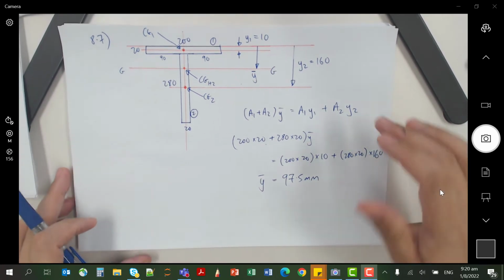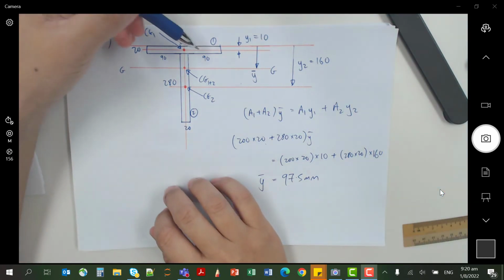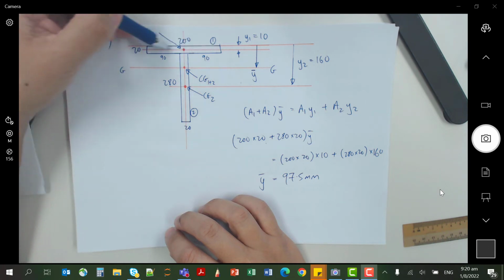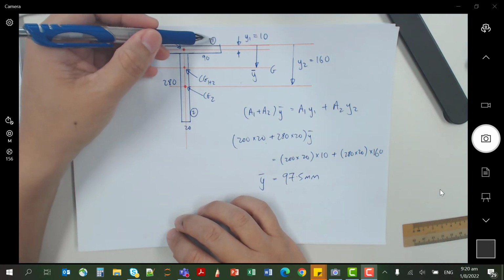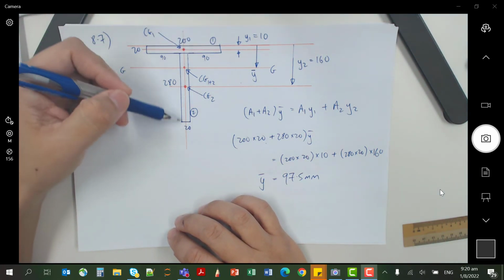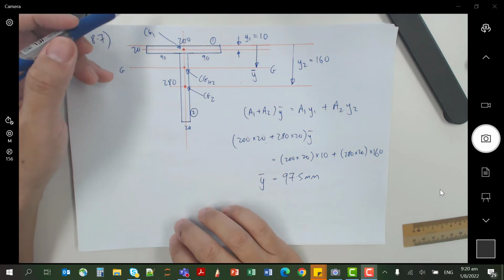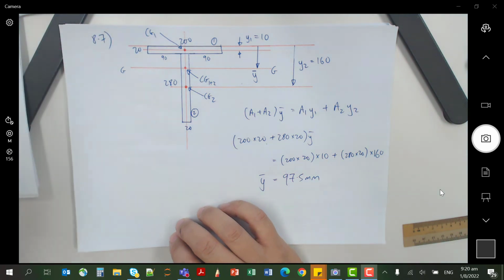I've already calculated. What you do is you split the T into 2 rectangles: the top horizontal rectangle, rectangle 1, and the bottom vertical rectangle, rectangle 2. You will have to measure from the top because the question says find the position of the centroid from the top edge.